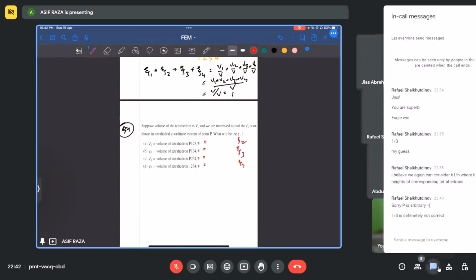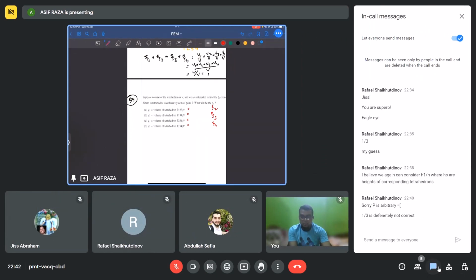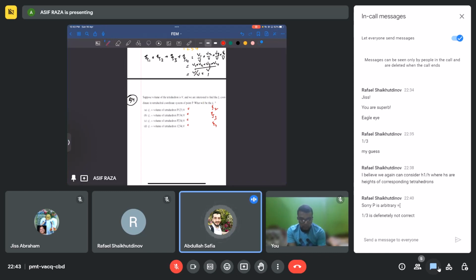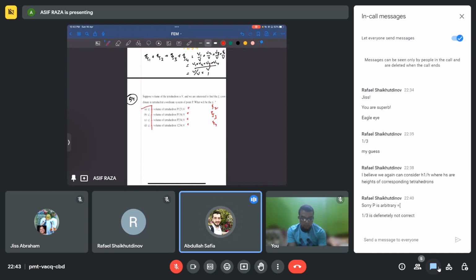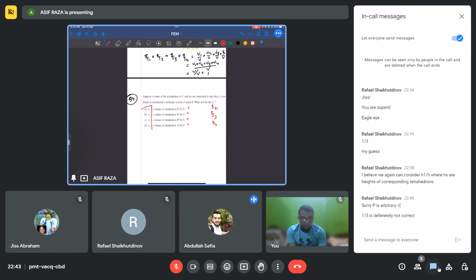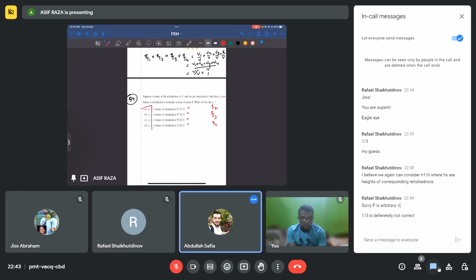I'll ask arbitrarily. Each person can say. So first, Abdullah, what will be the first? Don't see the number on the left hand side. The number is missing, like the first option. So we have P, 1, 2, 3, then it's 4, because it's the opposite of 4.